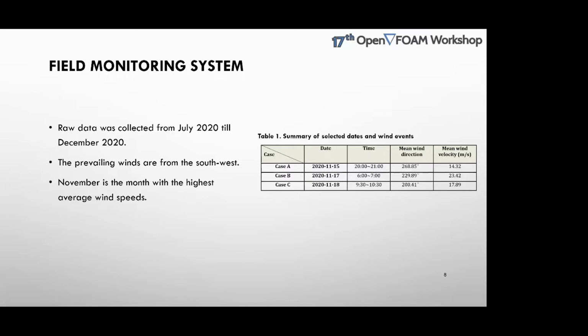Case B had the highest wind speed among the 3 cases, and case C has a 30 degree difference from case A in wind direction. So it's a large difference in yaw angles.